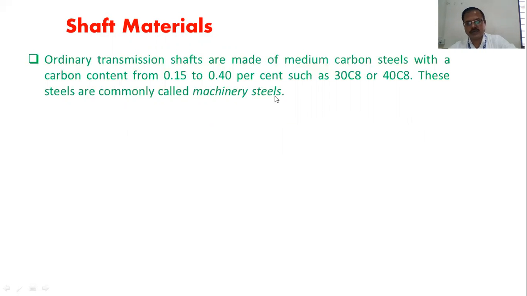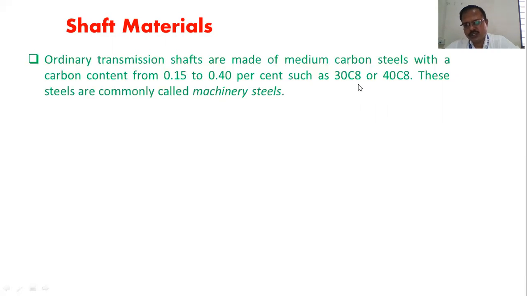Ordinary transmission shafts are generally made of medium carbon steel with a carbon content varying from 0.15% to 0.4%. For example, we can have 30C8 or 40C8, which are generally called machinery steel. Here 30C8 means 30 divided by 100, that is 0.3 percent of carbon content by weight, and 8 divided by 10, that is 0.8 percent of manganese.